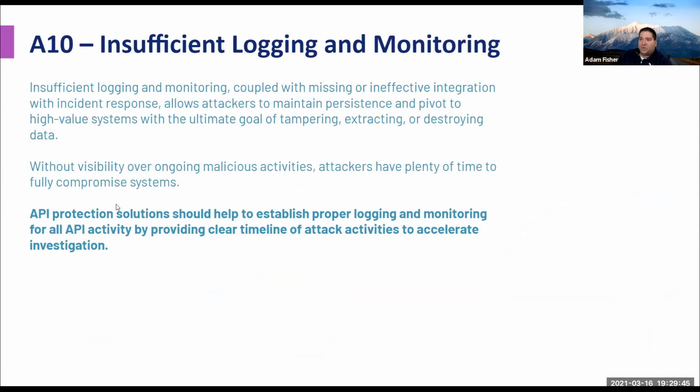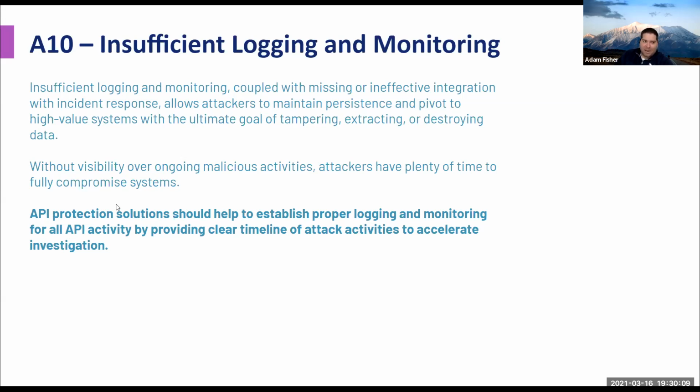So the next thing then, insufficient logging and monitoring. And this just speaks to the lack of visibility that businesses have into your API environment. It's not that the developers did anything wrong, right? They're moving at the pace of business. They're creating the APIs, they're modernizing the infrastructure most of the time. I mean, I don't like to use it, but the digital transformation of businesses, that's what APIs is doing, right?